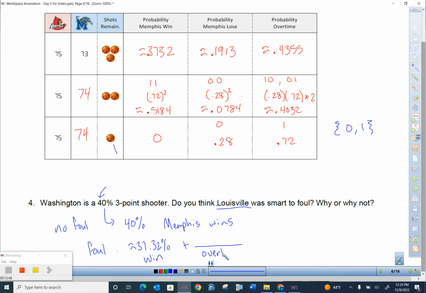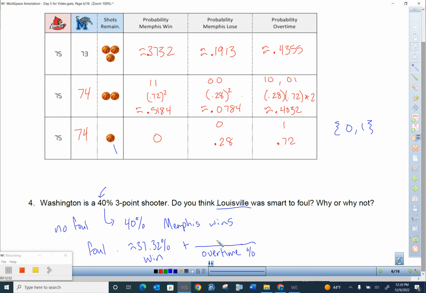And here's the thing, we can't actually determine what that percentage is without more information. This 0.43 or 43.55% can't be put here directly, because of the overtime results, we don't know the likelihood that Memphis or Louisville ends up winning after that case.